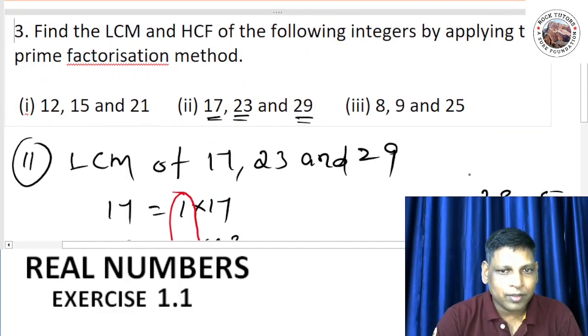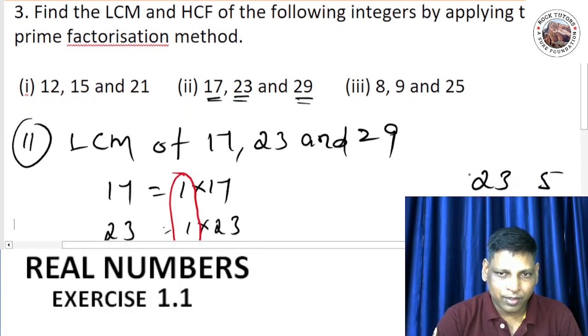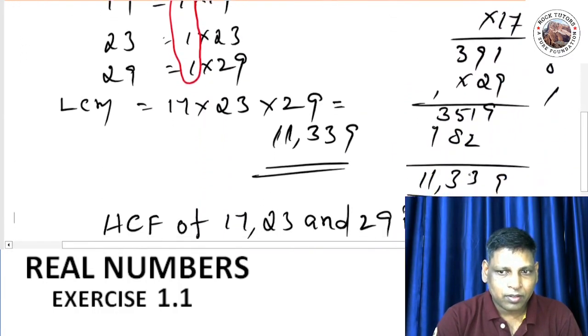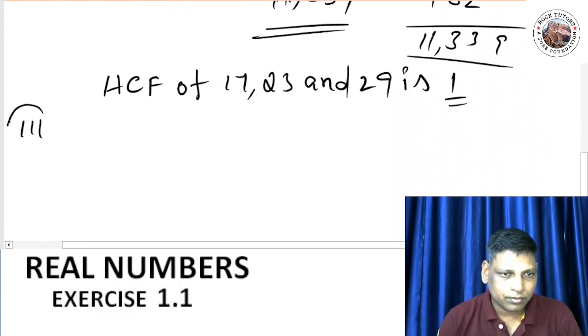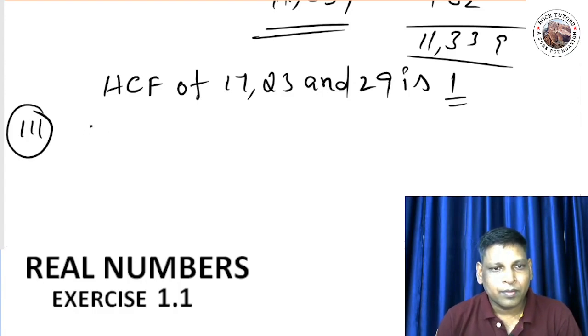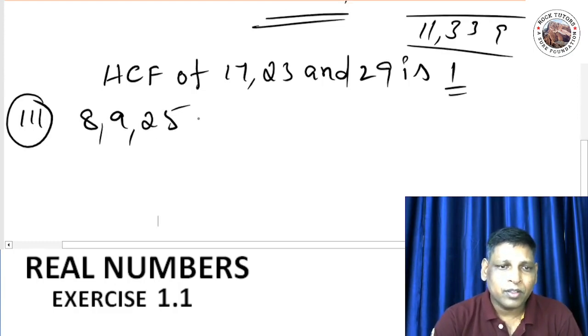Go for the third one: 8, 9, 25. You know how to do it? First of all, the same method we apply.